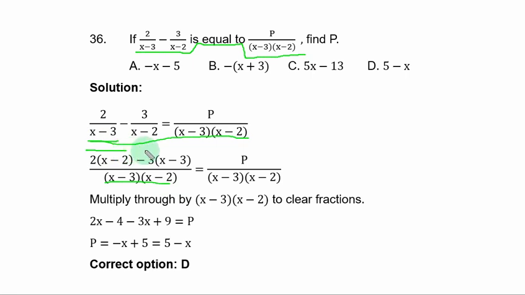Same thing applied to the second term. We need to clear the fractions, so you multiply through by the LCM of the denominator. So if you multiply through by the LCM, the denominators disappear. You are left with the numerators and you equate them. If you add like terms, you have this result. Now, minus s plus 5 is not in the answer, but it can also be written as 5 minus s. That gives D as the correct option.